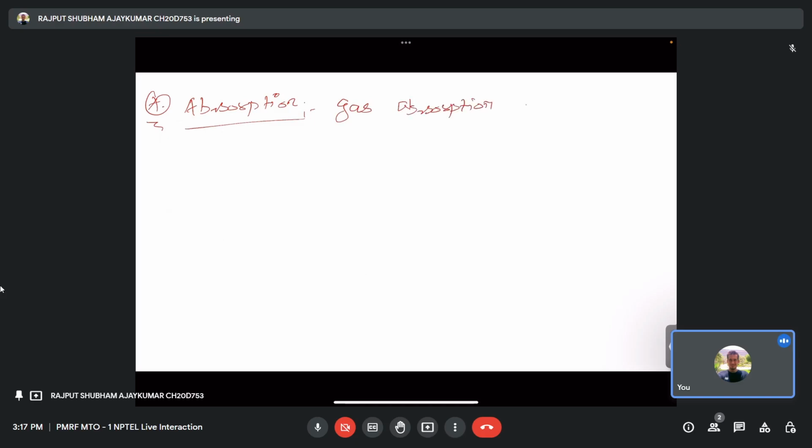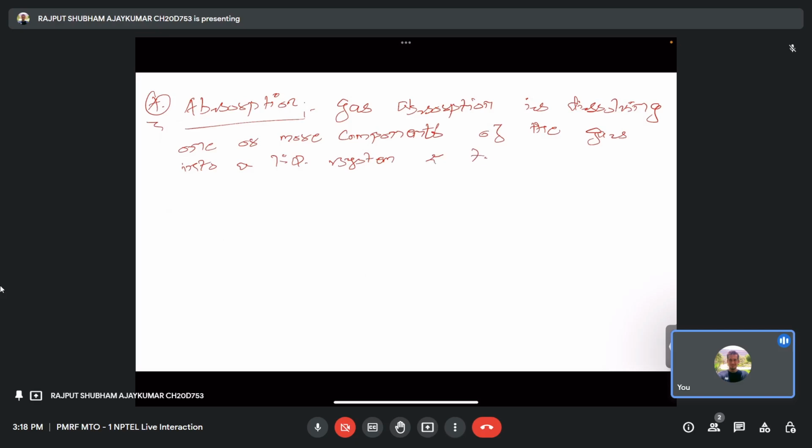Gas absorption is dissolving one or more components of the gas into a liquid system, to provide ultimately a solution.